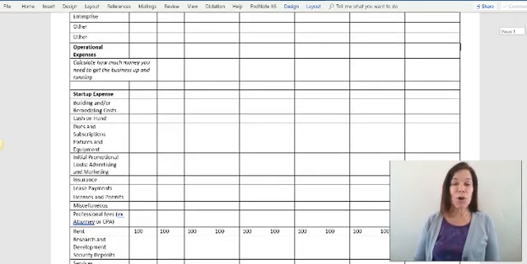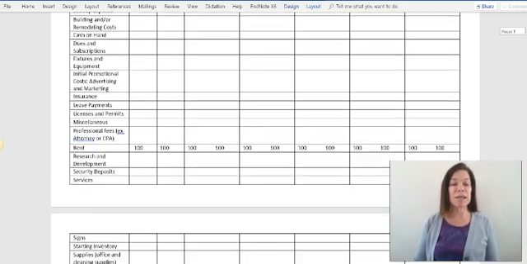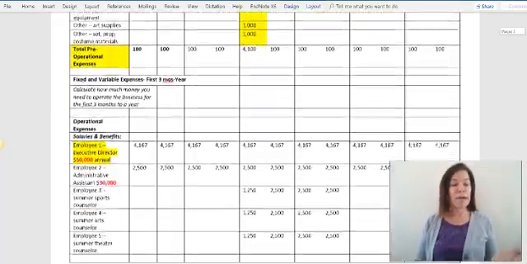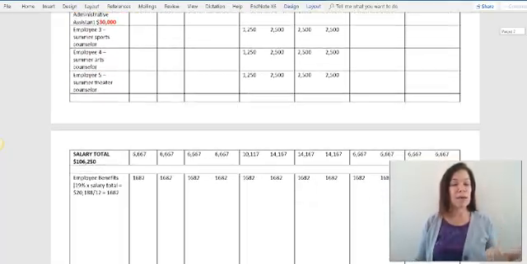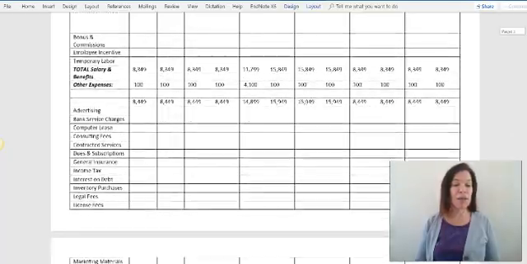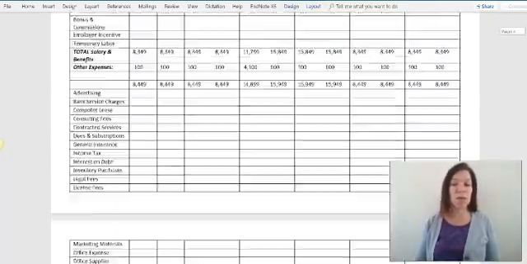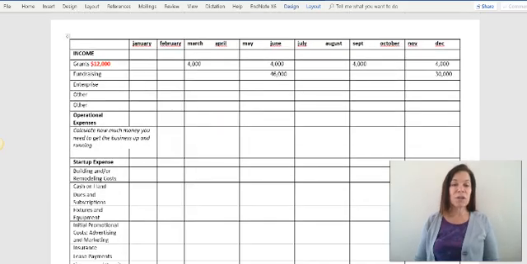Your business, your nonprofit, your fake organization may or may not need all of these things, but I've added them here so that you can see what they might be, and you can decide if you need them or not. Obviously, this is a Word doc, and you can also add additional lines for things specific to your fake organization that I don't know about, so I didn't put lines in.